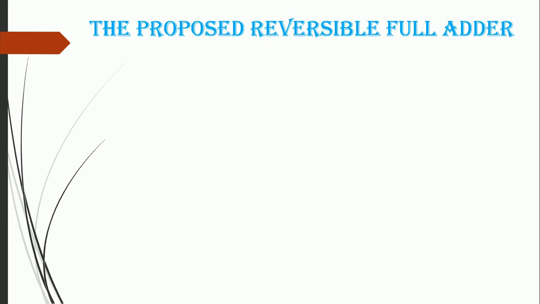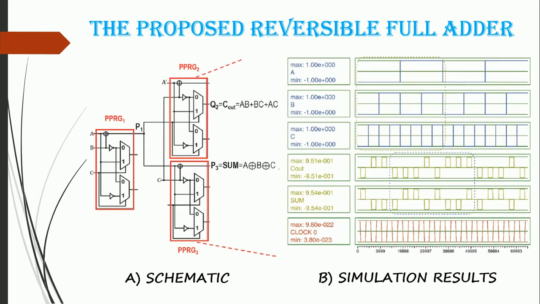Proposed reversible full adder. Here, the schematic and its simulation results are shown. In building a full adder, we have used 3 PPRG gates, and one of the basic characteristics of this PPRG can be seen here, that is, fan out is allowed in this QCS, which is not allowed in reversible gates, because it is using a quasi clocking scheme.